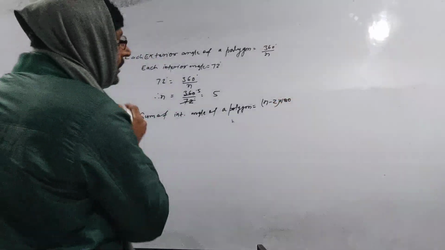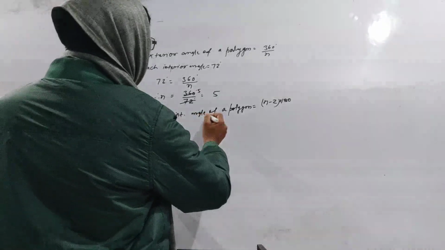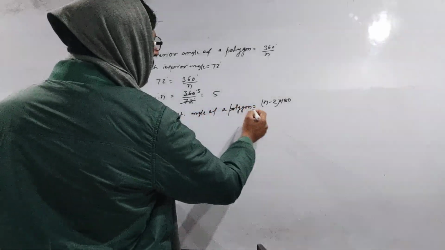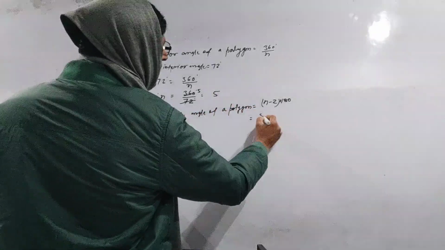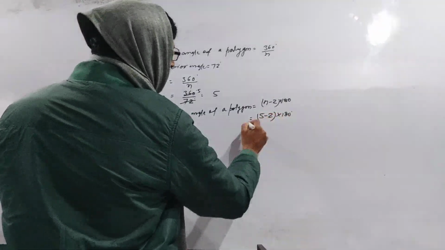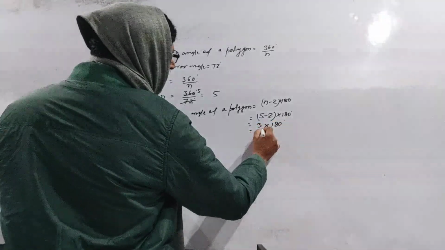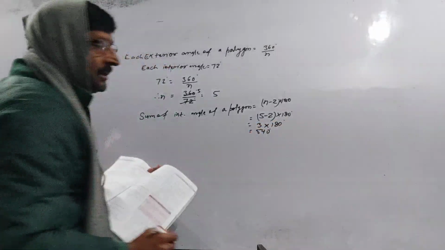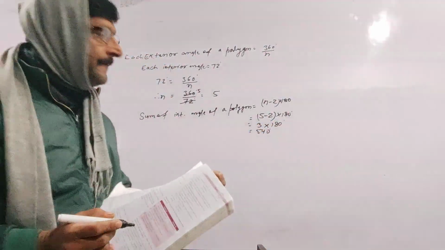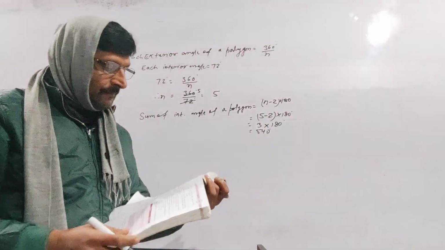So the sum of the interior angles is equal to the number of sides 5 minus 2, into 180. So 3 into 180 is equal to 540 degrees. Okay.